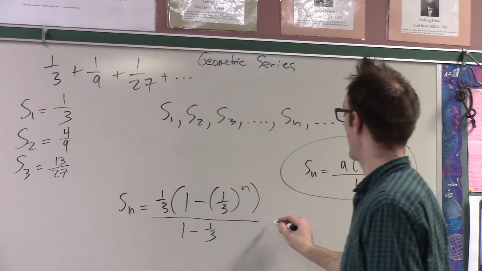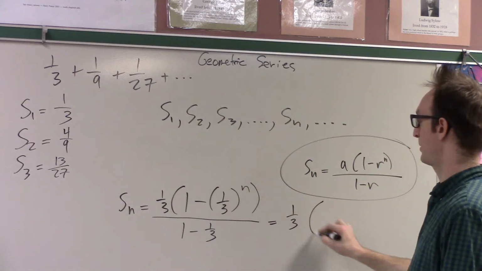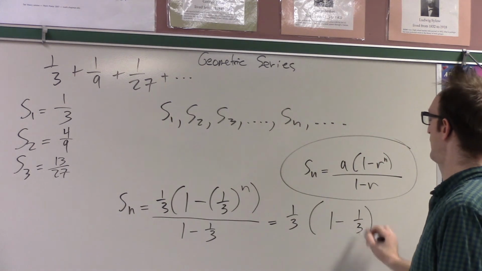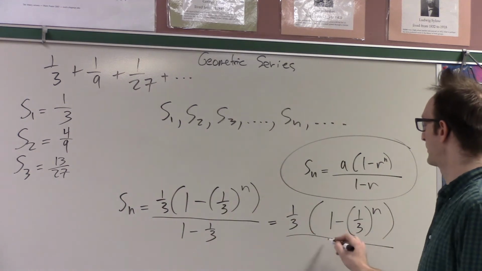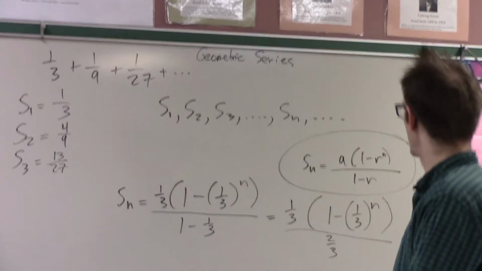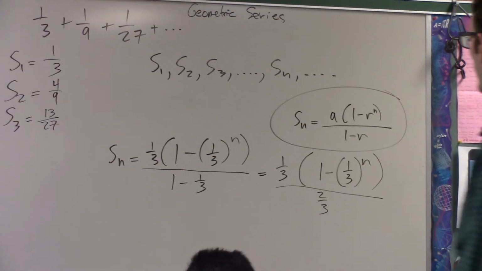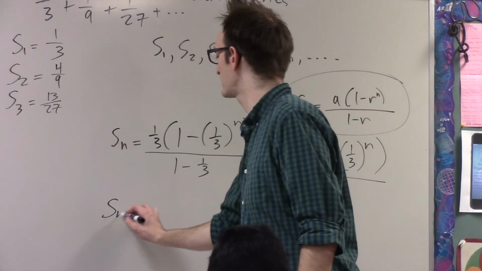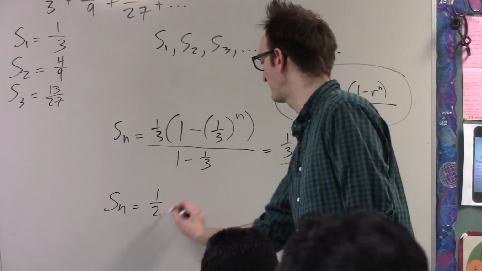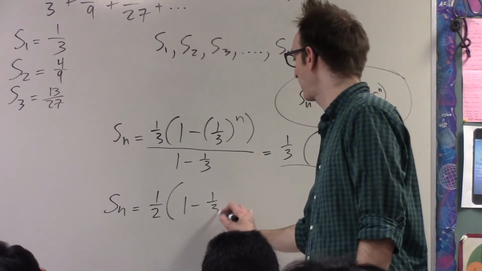That's 2/3 down there, so that's 1/3 over 2/3 times 1 minus 1/3 to the n. So I can cancel the 3's. So really the sum of the first n terms is 1/2 times 1 minus 1/3 to the n.